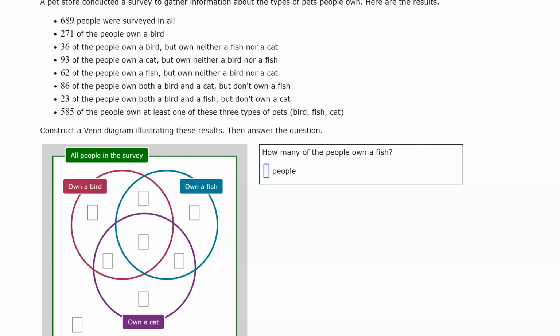So what I need to do is color the rooms first. So I'm going to color each one a different color. Because this is going to help me.